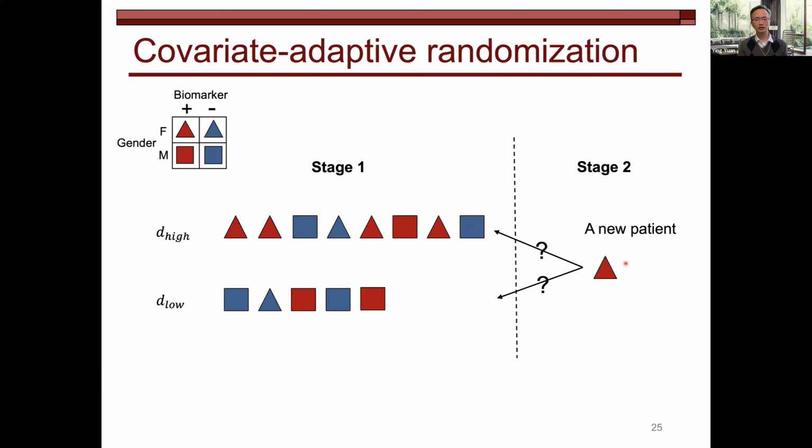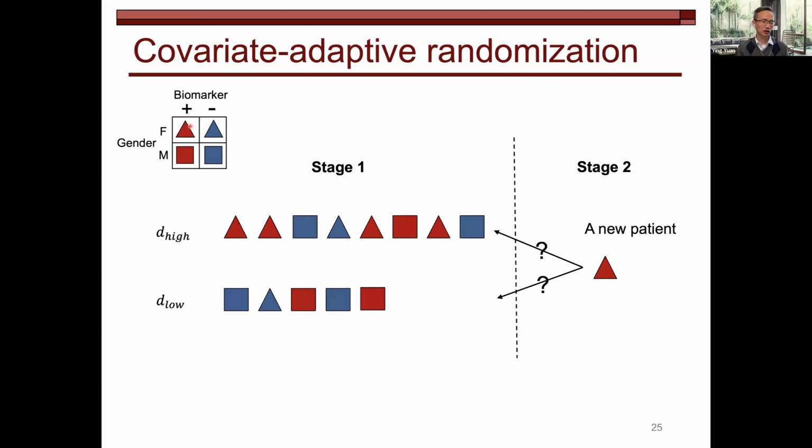So how do we do this covariate adaptive randomization to achieve this goal? Here I'm going to use slides to illustrate the basic idea. Let's consider we have two important prognostic factors. One is biomarker A, positive and negative.